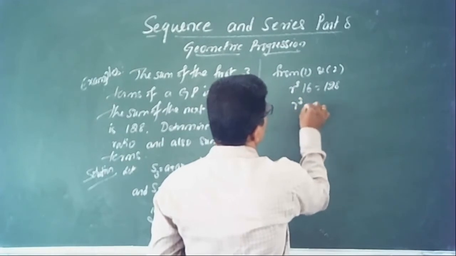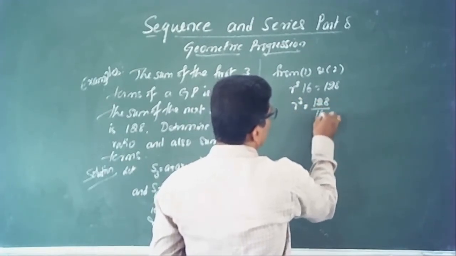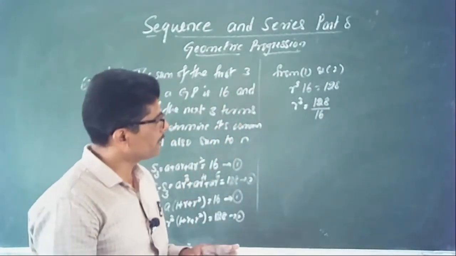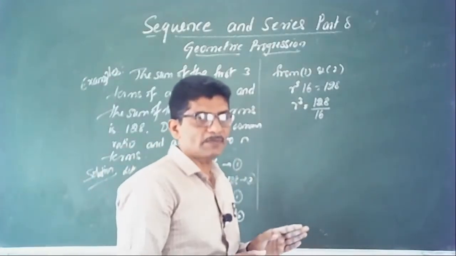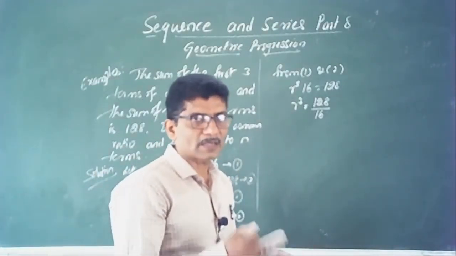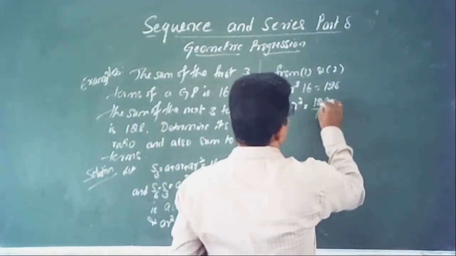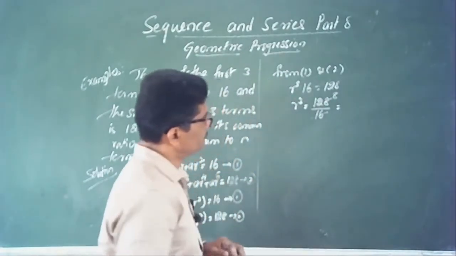Therefore, r cube is equal to 128 divided by 16. It's clear? 128 divided by 16, simplify, you get 8. What is the value of r cube? Its value is 8.